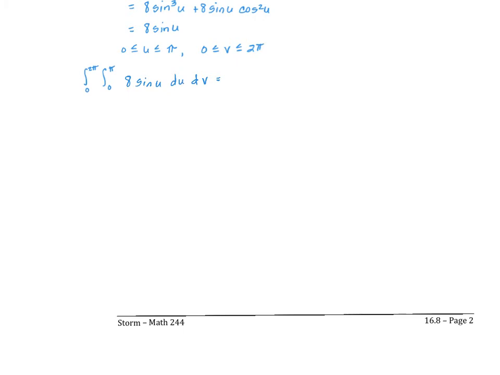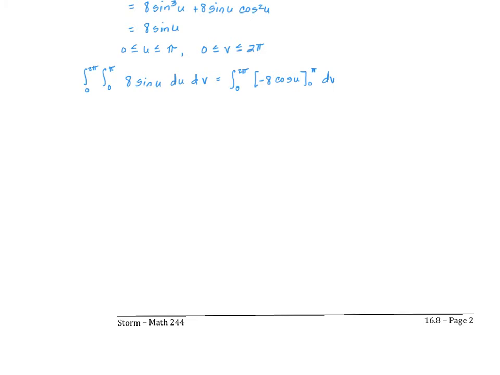Okay, so that was a lot of work. I like the first form much better. The integrand would be negative 8 cosine u, 0 to pi, and that's a dv.